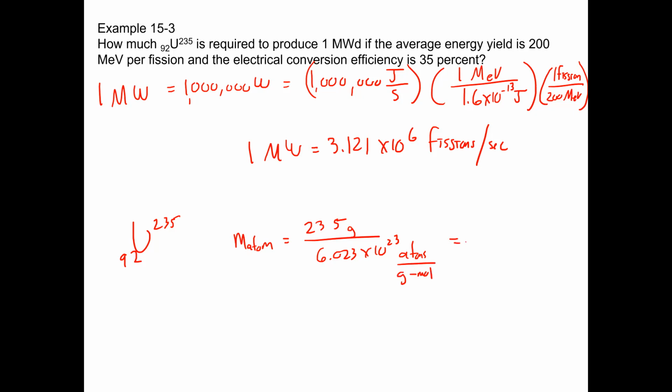So if we do the math, we get that we have 3.9 times 10 to the minus 22 grams per atom.